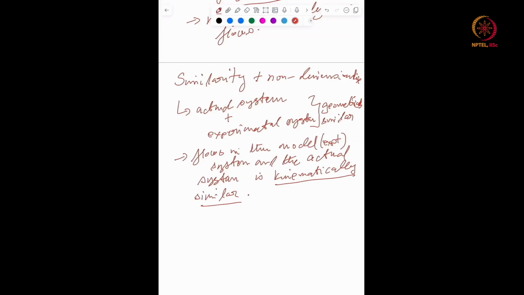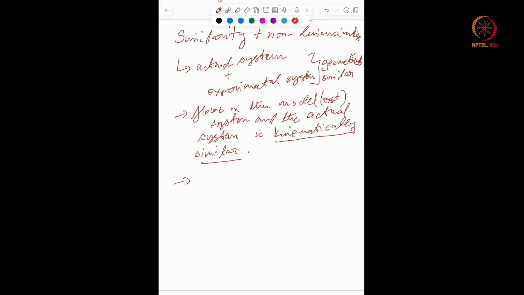Kinematically similar means the velocities at the corresponding positions have the same directions and a constant ratio of their magnitudes. For complete similarity, you should also have what we call dynamic similarity. So they should be dynamically similar also. That requires that the corresponding forces have the same directions and a constant ratio of the magnitudes. Here, the velocities have the same direction and a constant ratio of their magnitudes.